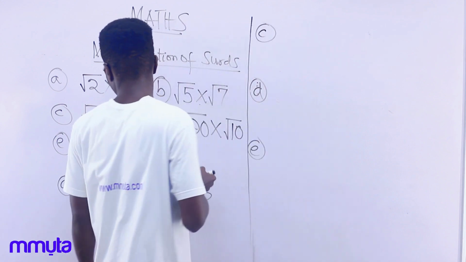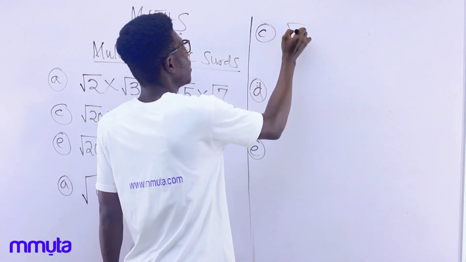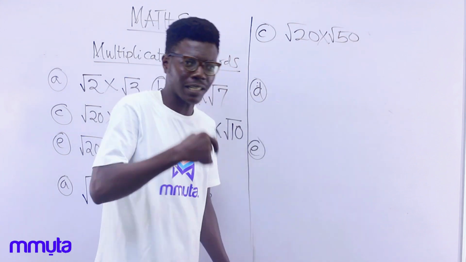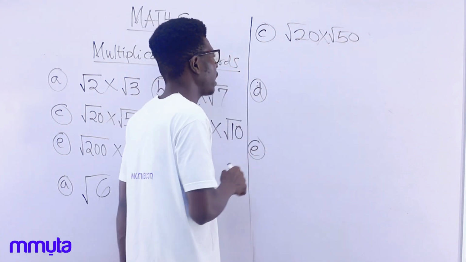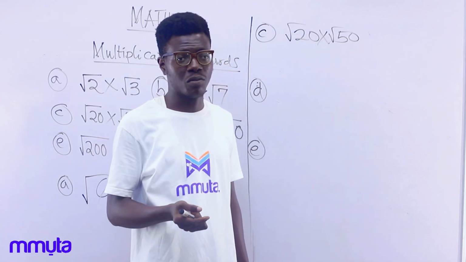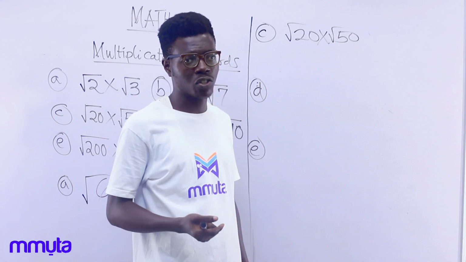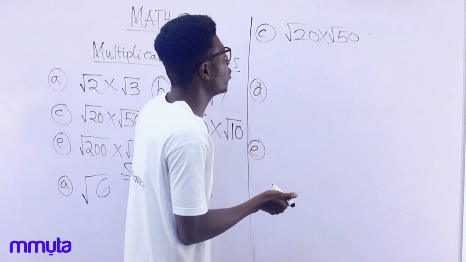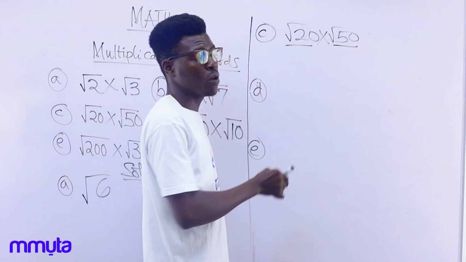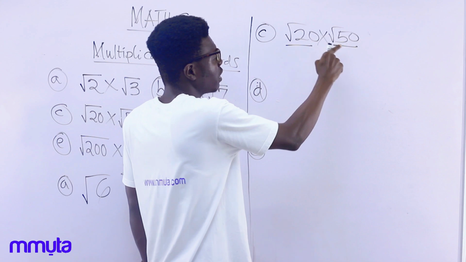In the C part, we have root 20 times root 50. You might be tempted to do 20 times 50. You are right, but this is going to take much more time. So from what we learned from breaking down of surds, we break down root 20 and we break down root 50.